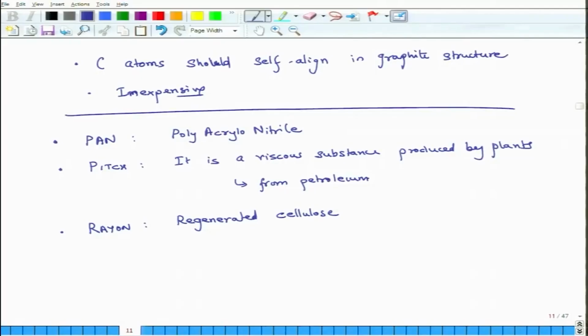The covering of those plant cells is made up of cellulose. So, it is regenerated cellulose fiber, and it is produced from naturally occurring materials.